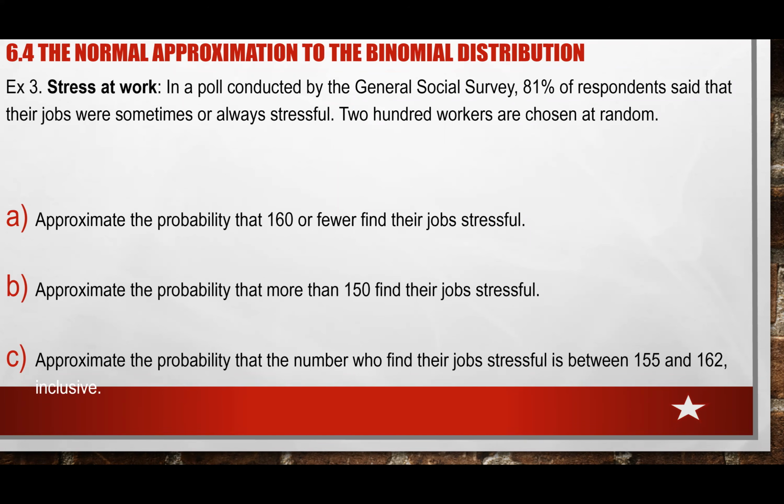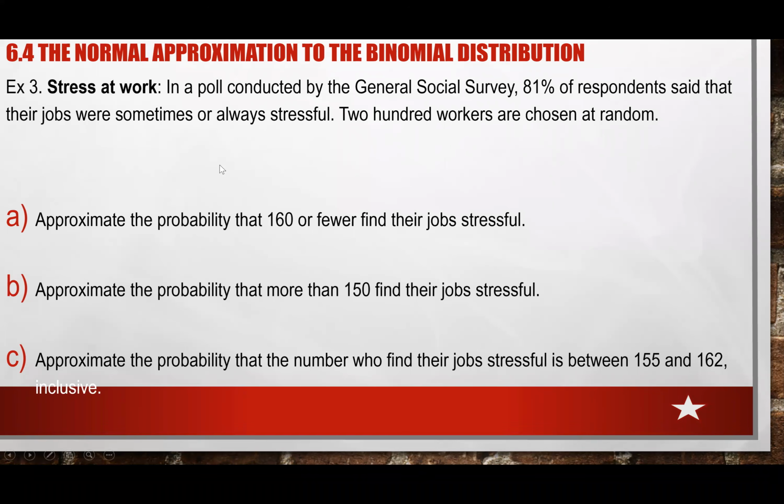And for A, they ask you to approximate. Again, approximate meaning we have to adjust our endpoint. Approximate the probability that 160 or fewer find their job stressful. So again, they're switching the question on you.